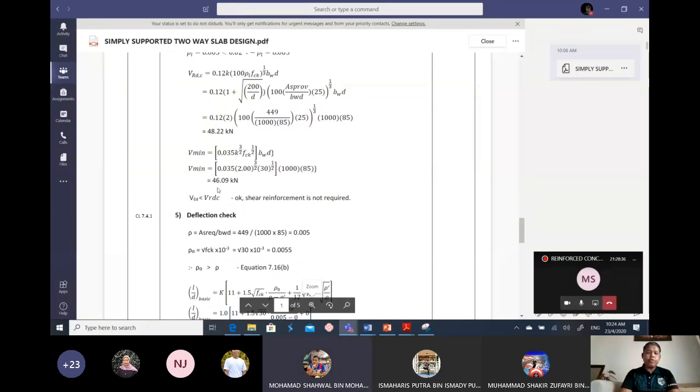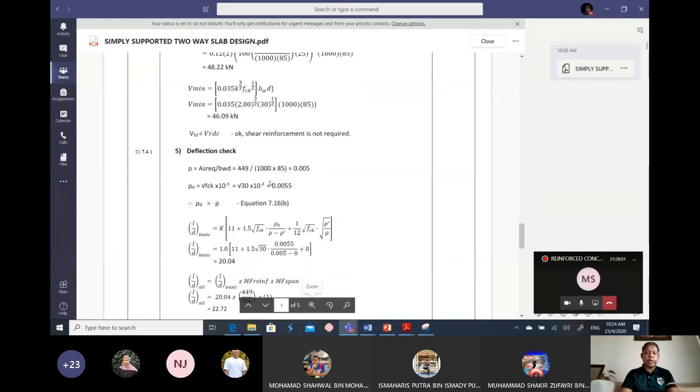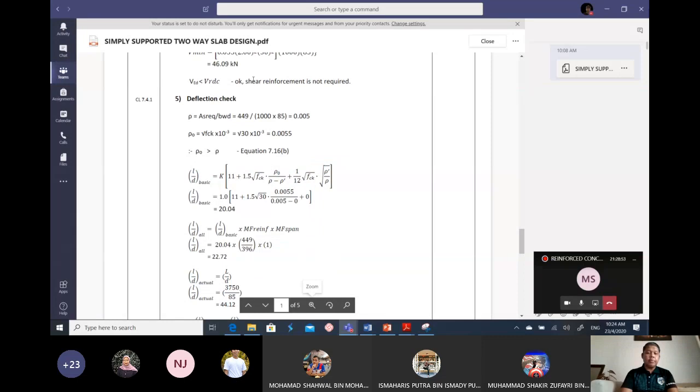So if VED is less than VRDC, the shear reinforcement is not required. So I made a mistake here. At AS it is supposed to be AS required 396. Sorry, I will calculate it again.